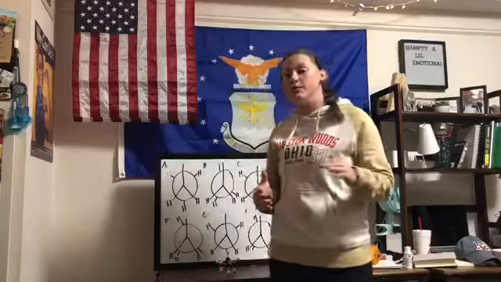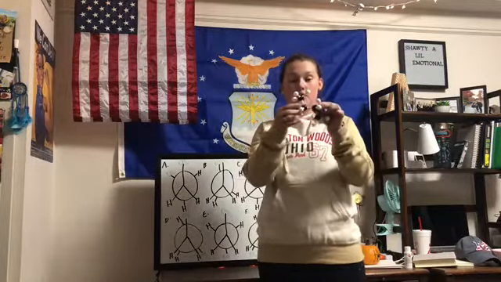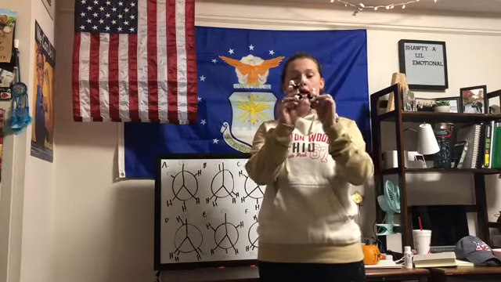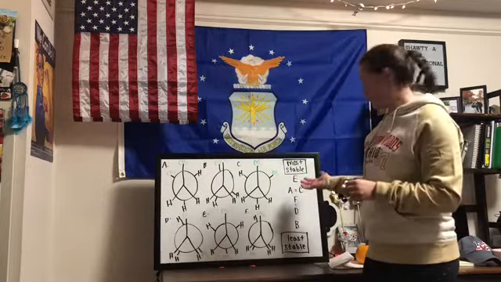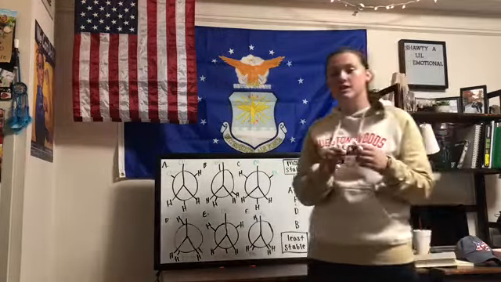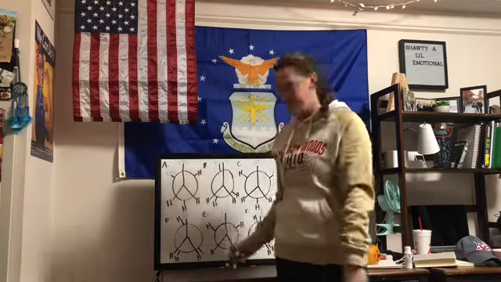We are going to look at a butane molecule, and we're going to do the Newman projection between carbon 2 and carbon 3, which are the middle two right here. I used this model kit to help me with my different formations that I have up here, so let's take a closer look at that. This is really what I used to get that, by just rotating one of the carbons 60 degrees each time.